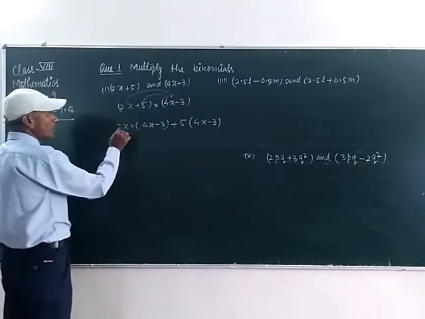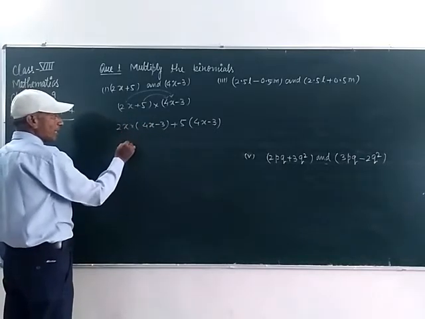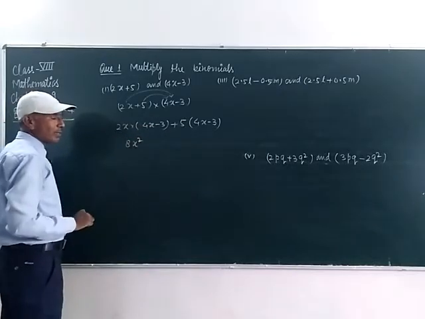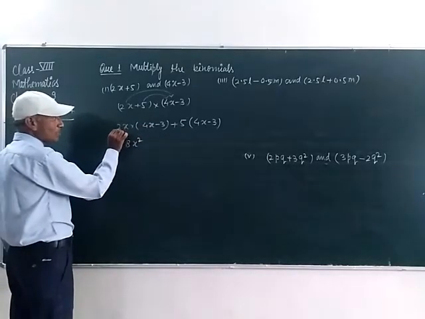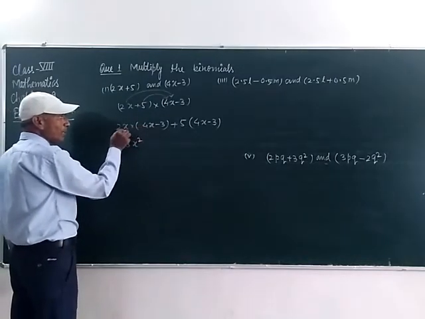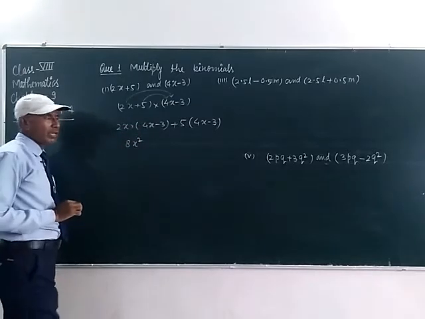and in this, 2x into 4x, so 2 4s are 8, x into x it will be x square. When we multiply this 2x with 4x, it will be 8x square.